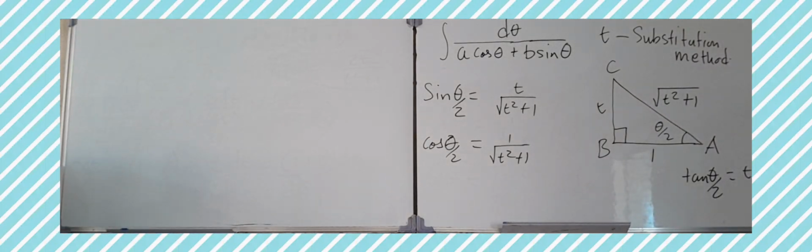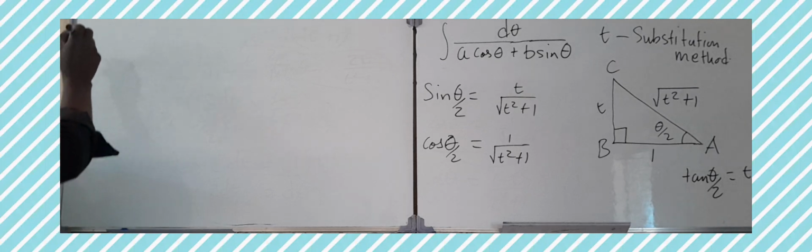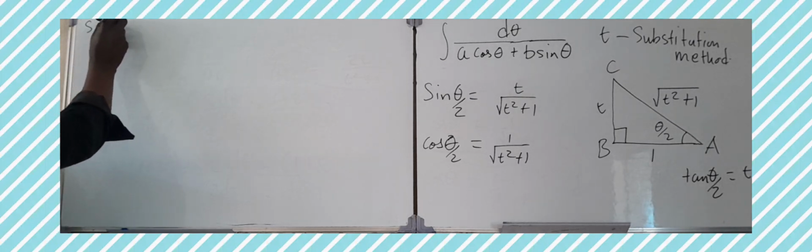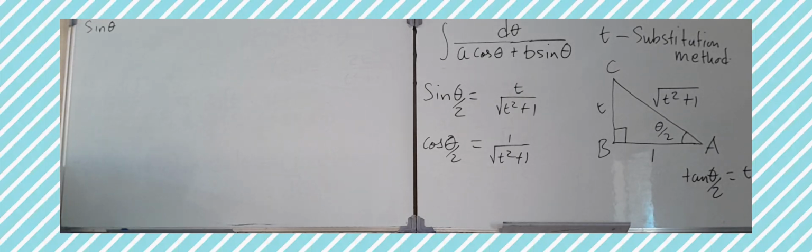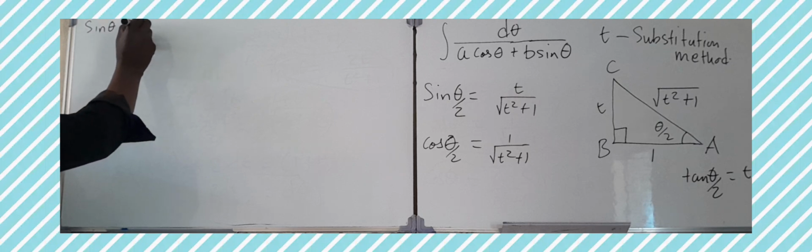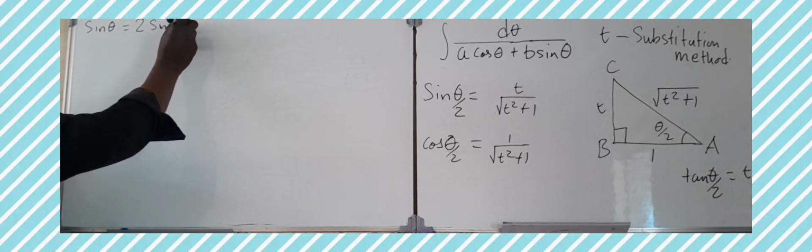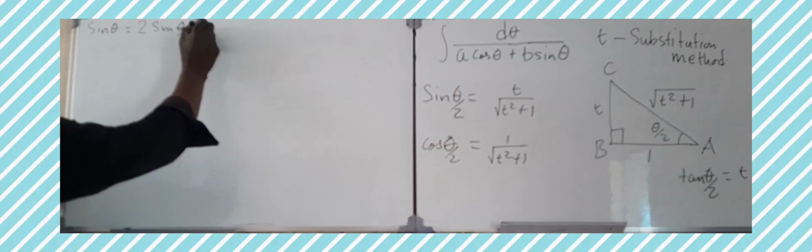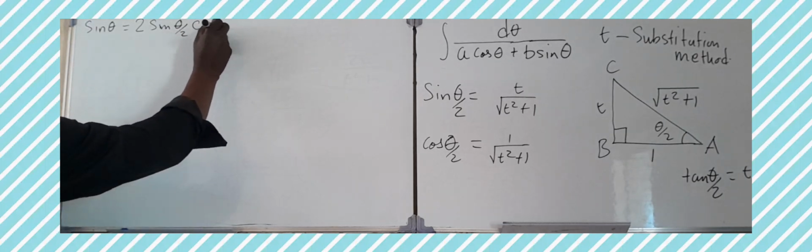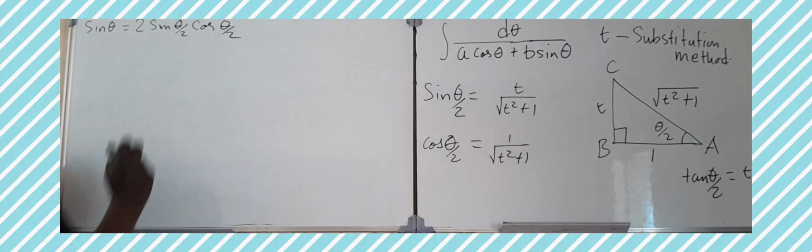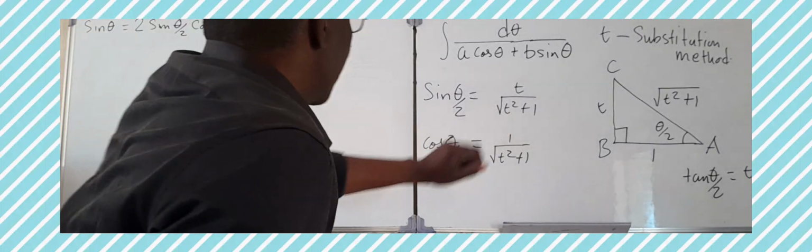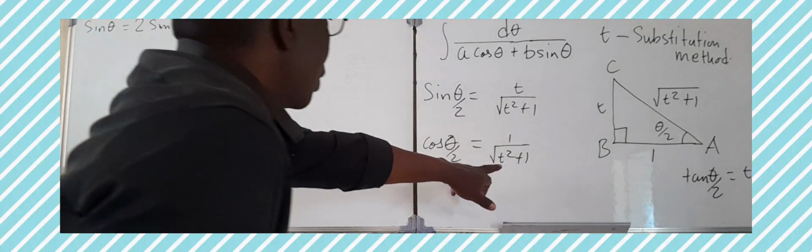Double angle formulas. We know that sine of theta is equal to 2 multiplied by sine of theta over 2 multiplied by cosine of theta over 2. But we now know what sine of theta over 2 is, and we know what cosine of theta over 2 is.